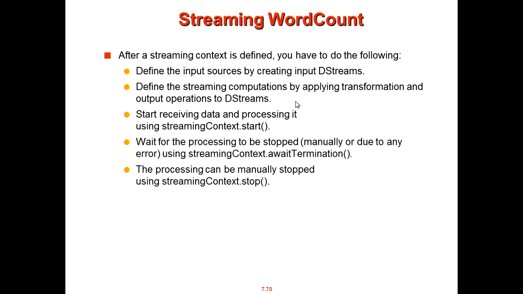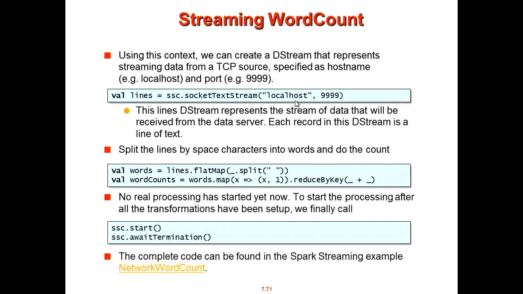This is about the data flow of a streaming word count. So here is a major difference, right? We do not use Spark context. We use the Spark streaming context, and we use the socket text stream to create this stream. This is from the socket.